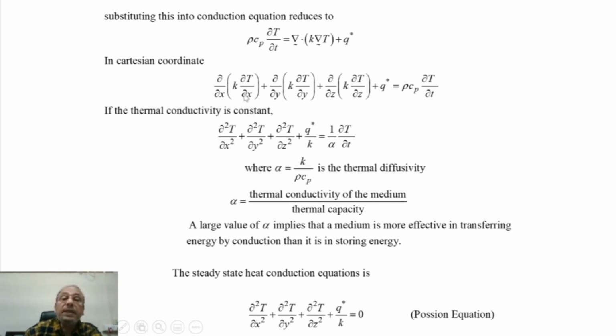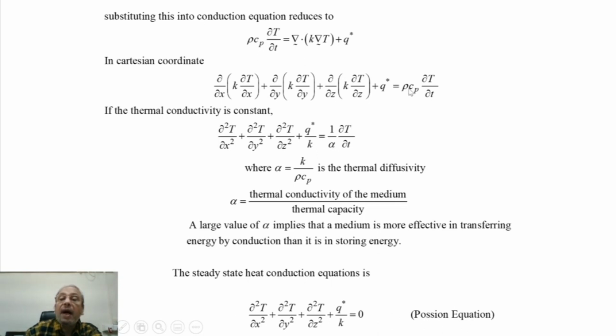If the thermal conductivity is not a function of space, if it is constant for an isotropic material, then we can write del 2T del x2 plus del 2T del y2 plus del 2T del z2 plus Q star by K equal to 1 by alpha del T del time.